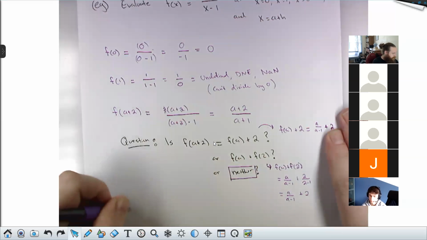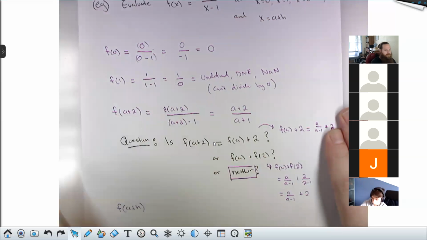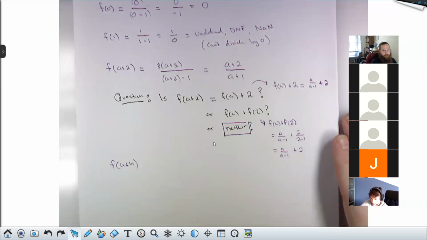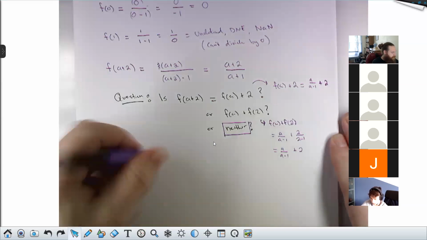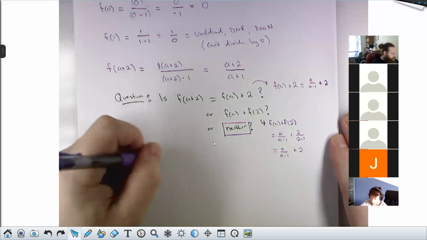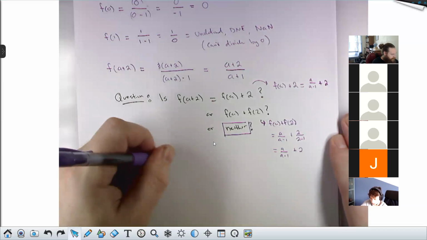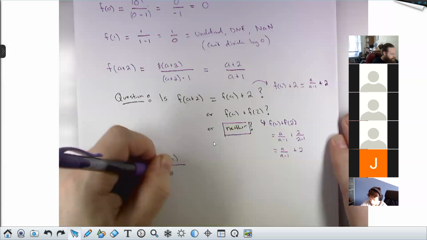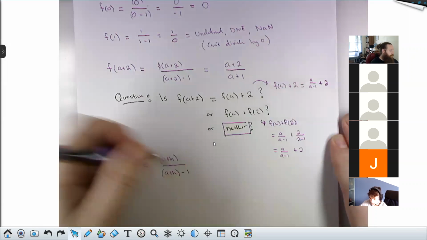We want to know, what is f of a plus h? Well, f of x is x over x minus 1. So this would be parentheses a plus h divided by parentheses a plus h minus 1.